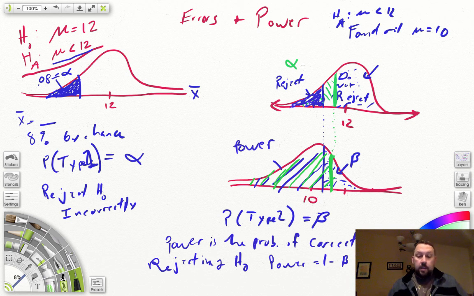Increasing power is increasing my ability to correctly reject the null. All right. Last thing I want to say here with respect to power and error is this. No matter what you do in statistics, if we sampled enough data, we could determine that 11.5 is indeed less than 12. If the real mu is actually 11.5, I could find a way to reject the null and accept the alternative that mu is less than 12, when we know that it's only 11.5.